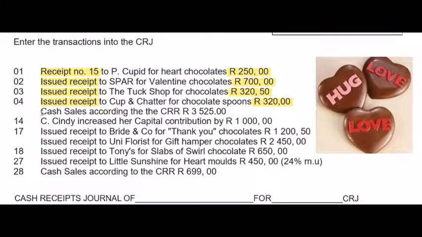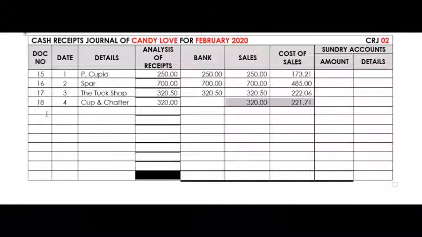Also on the 4th, there were cash sales according to the CRR, 3,525 Rand. Remember, if it's CRR, the document is CRR. You don't write the number 4 again because we're still on the same day. And the details for cash sales is always sales. We received 3,525 Rand, and now this was the last transaction for the day.